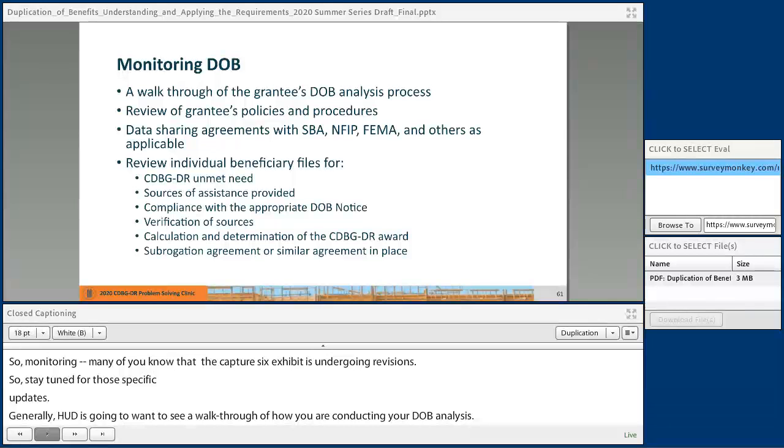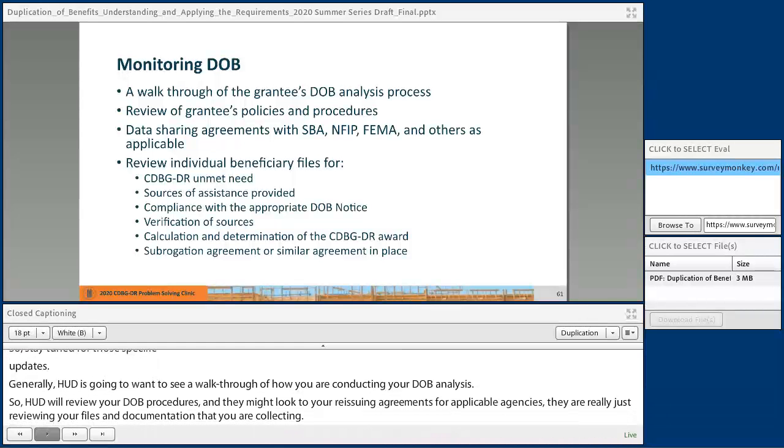That might include a specific DOB analysis walkthrough: what the unmet need was, how it was determined, what sources of assistance were provided, and how you are meeting the requirements in the 2019 DOB notice, similar to the treatment of loans and exclusions and exceptions that we talked about, and verifying that you have a subrogation or similar type of agreement in place.